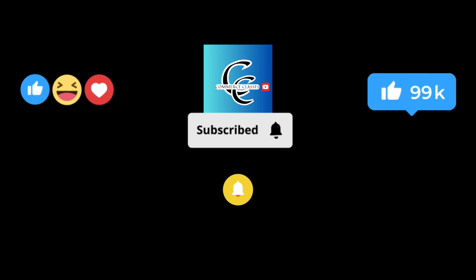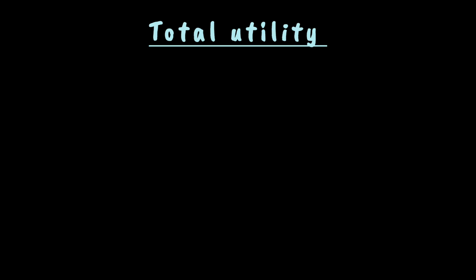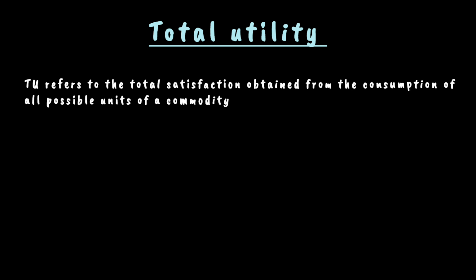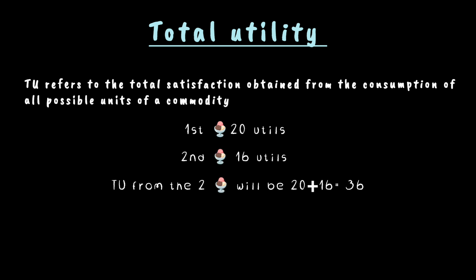For better understanding, we have to discuss two more important concepts: total utility, marginal utility, and the law of diminishing marginal utility. First we will see what total utility and marginal utility are. Total utility refers to the total satisfaction obtained from the consumption of all possible units of the commodity. For example, if the first ice cream gives you satisfaction of 20 utils and the second gives 16 utils, then the total utility from two ice creams is 20 plus 16, that is 36 utils.